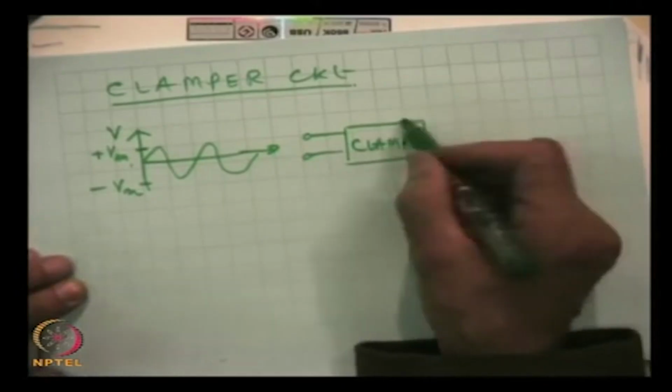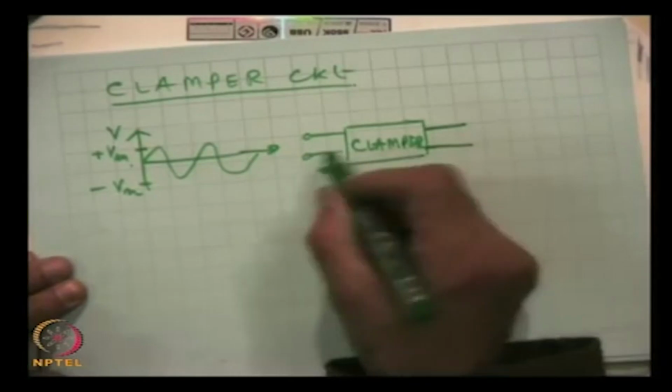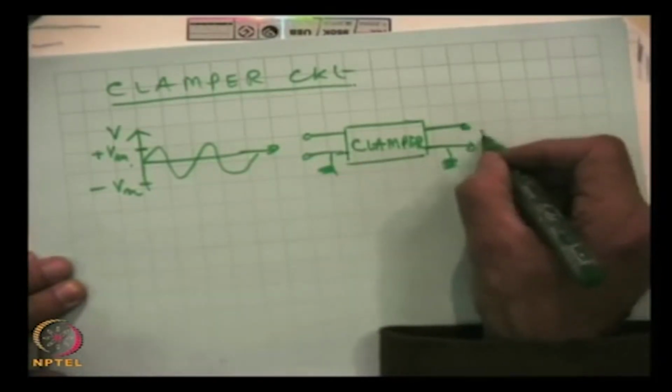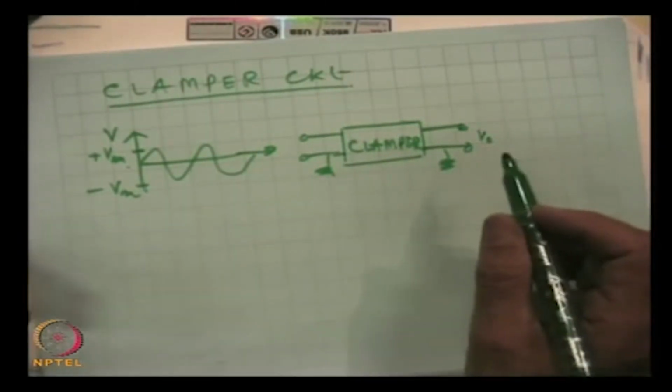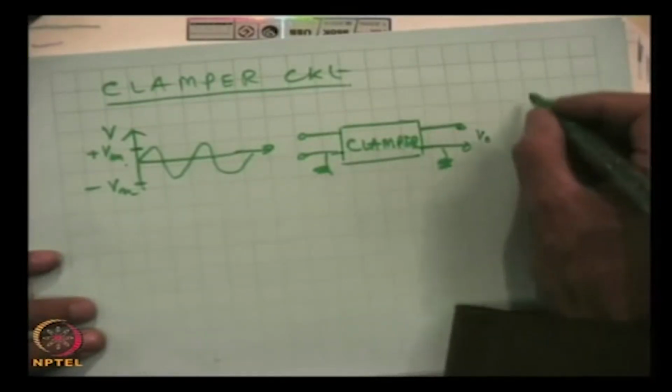Here, this is ground, one terminal is normally grounded, we get the output here. Then we can change the DC level. So, the output here we will get like this.